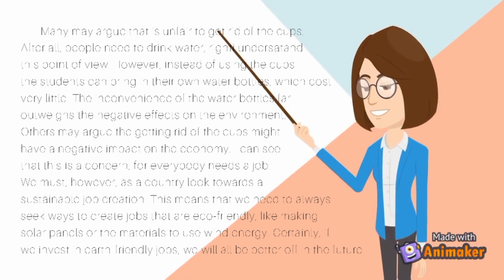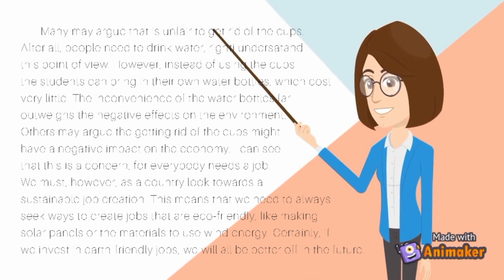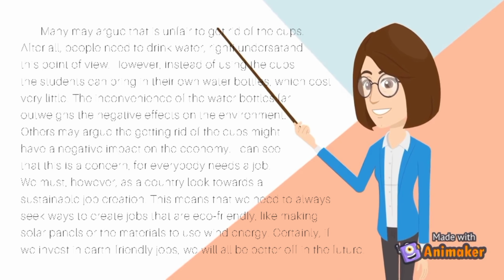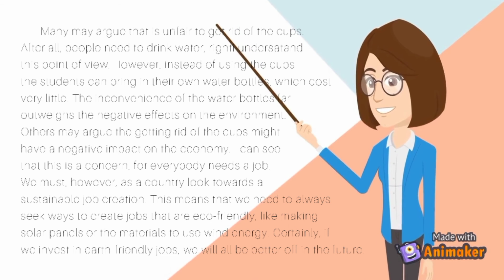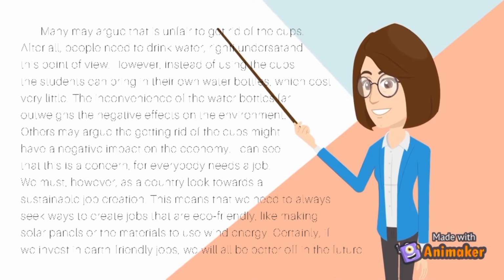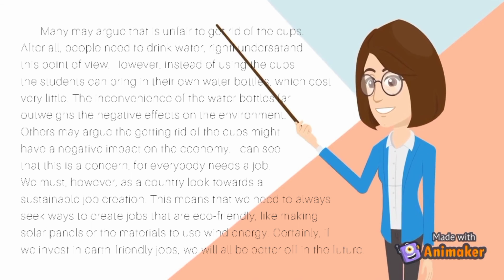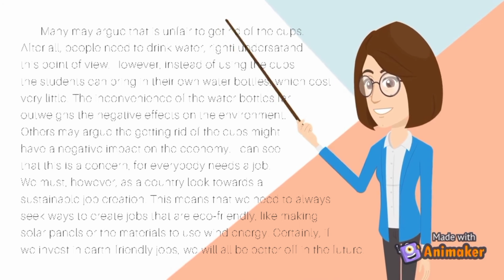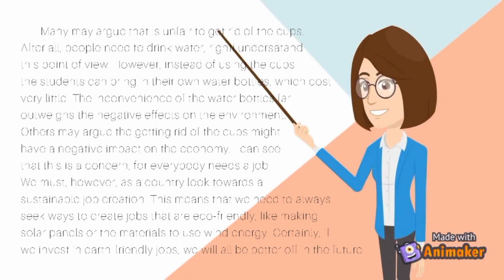this point of view, and then quickly the author counters the argument by saying, however, instead of using the cups, the students can bring in their own water bottles, which cost very little.